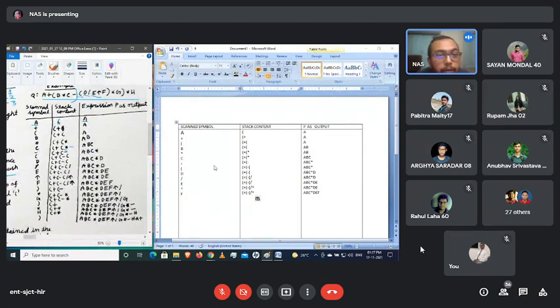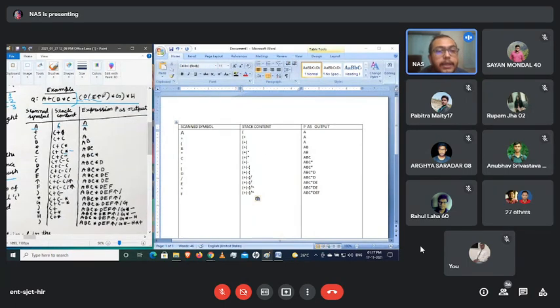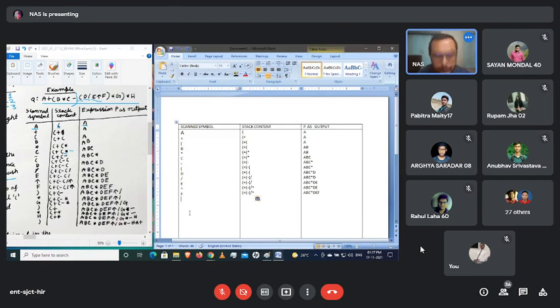See, we are encountering a closing bracket. So let's write it down here. Only the operators that are between these two brackets, those two things will be popped out. I'm going to explain it.